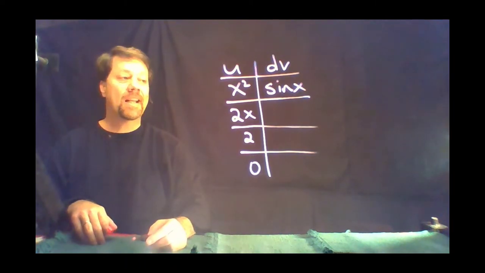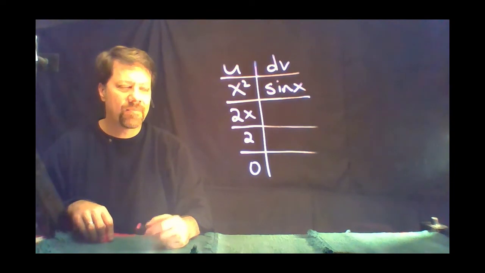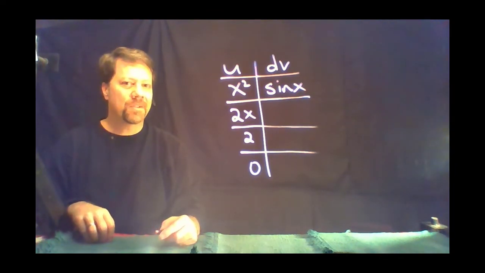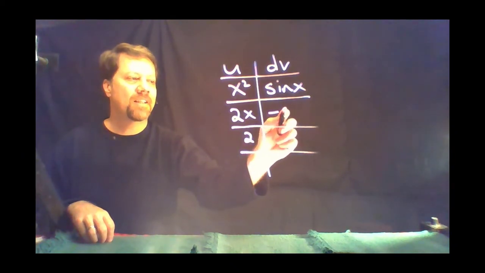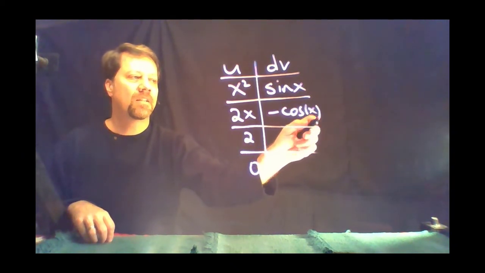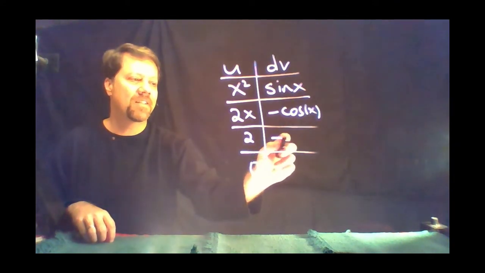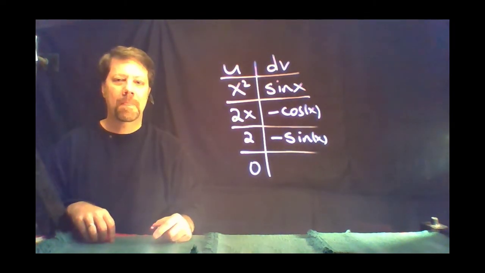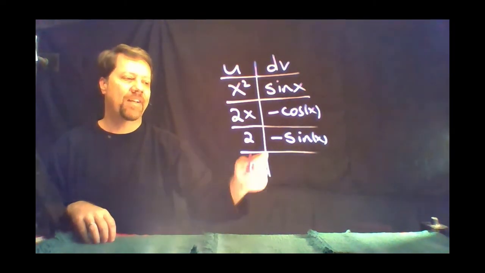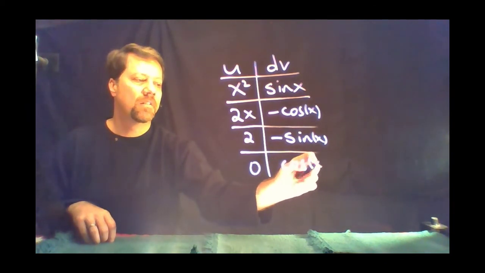On the right-hand side, we integrate. What is the integral of sine of x? Remember, we're integrating and not differentiating down the second column. The integral of sine of x is negative cosine of x. And the integral of negative cosine of x is negative sine of x. When we integrate negative sine of x, we'll get negative negative, that's positive cosine of x.